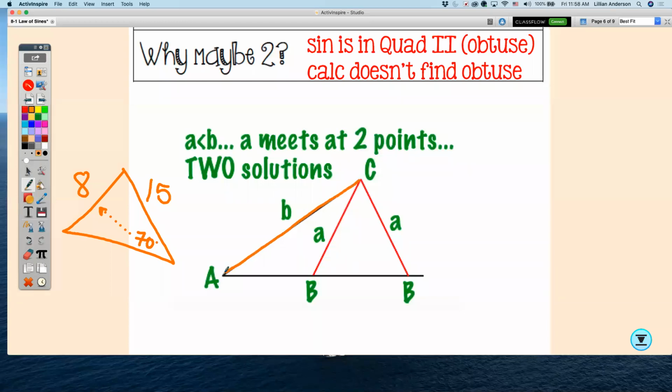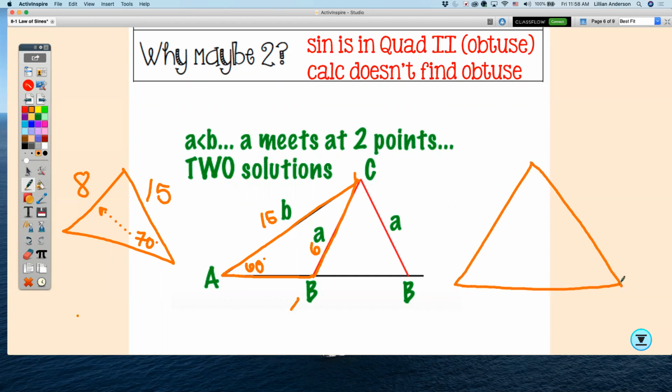You have one triangle where you know this angle, you know this side length, and you know this side length. But realize that side A could also be moved and still have the same length that it had here with the same angle and the same side.